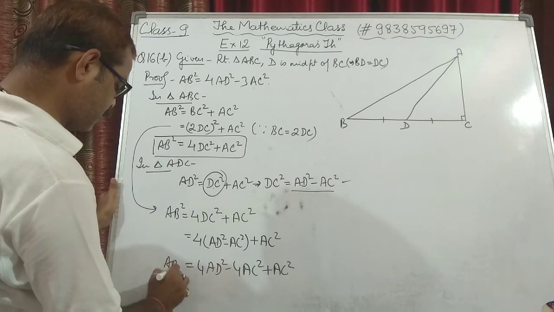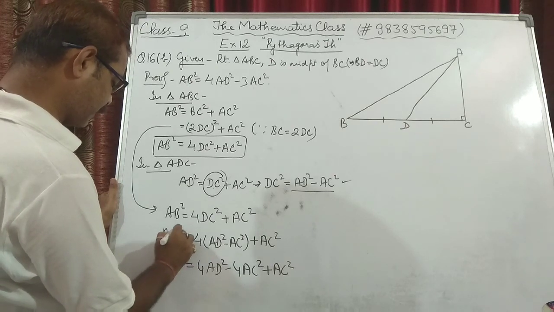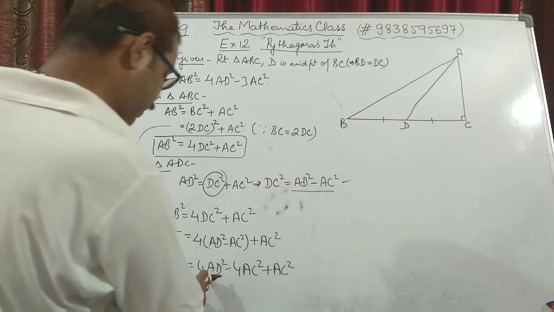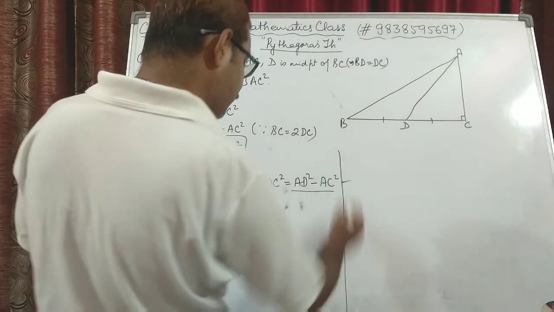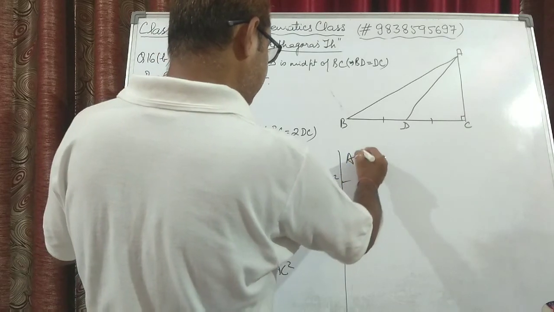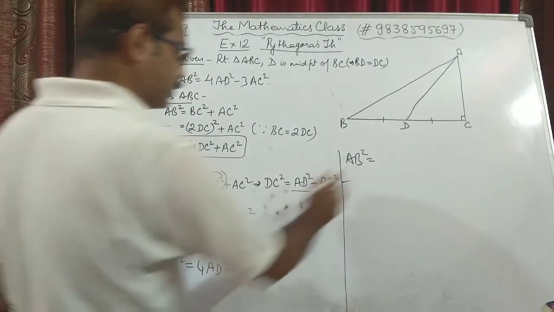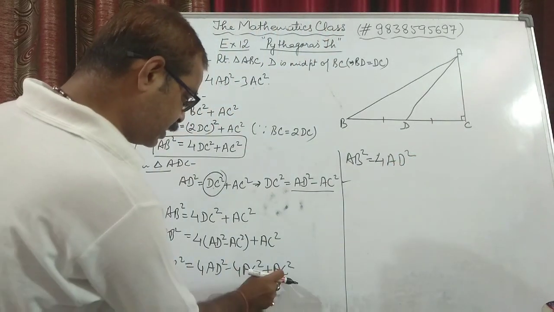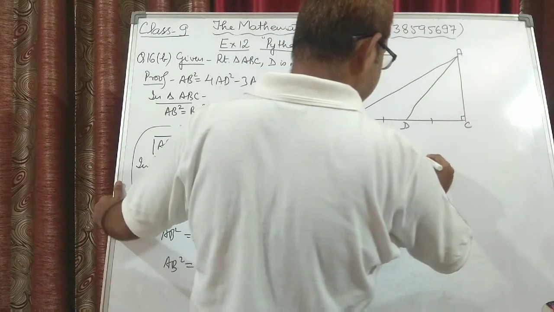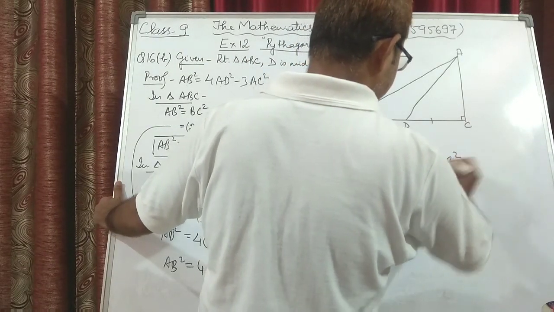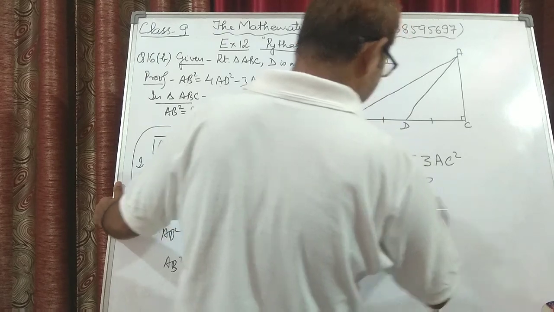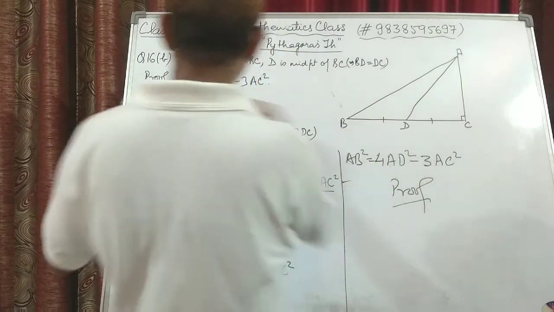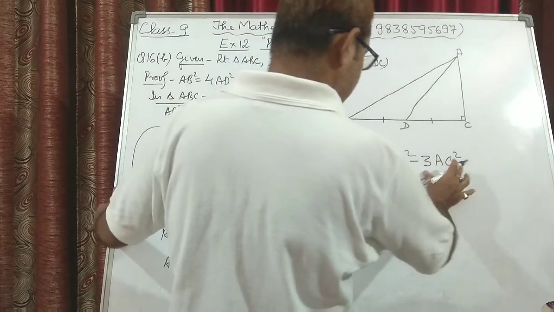That is all equal to AB square. So this means that we can say AB square is equal to 4 times of AD square minus 4AC square plus AC square will give you minus 3 times of AC square, and that is what was required to prove. You can see 4AD square minus 3AC square is equal to AB square. So this is proved.